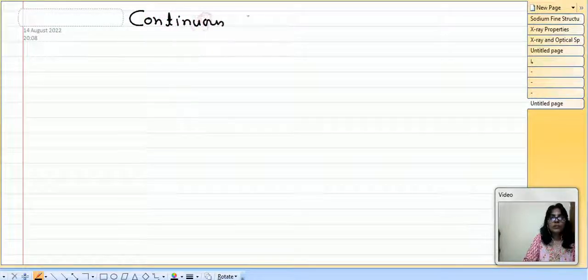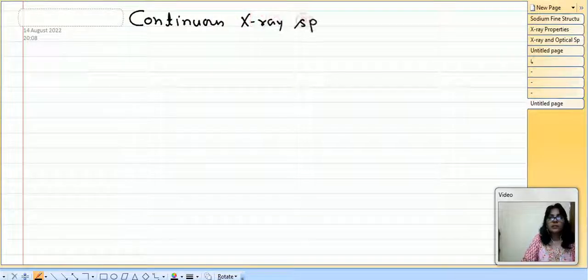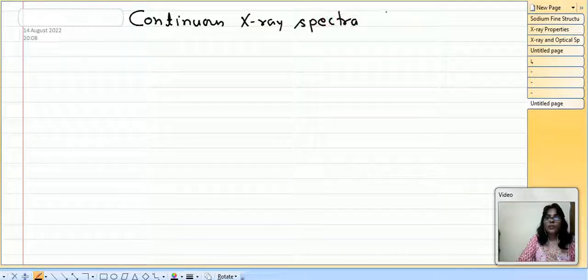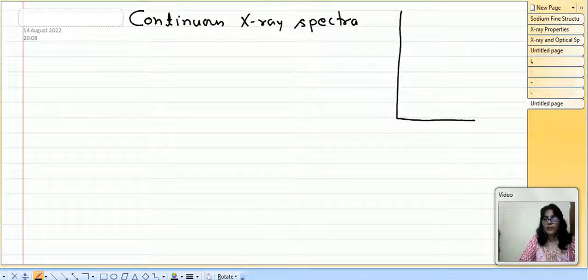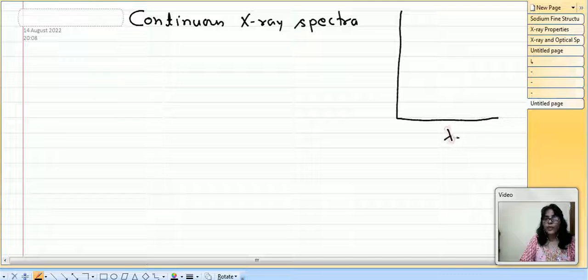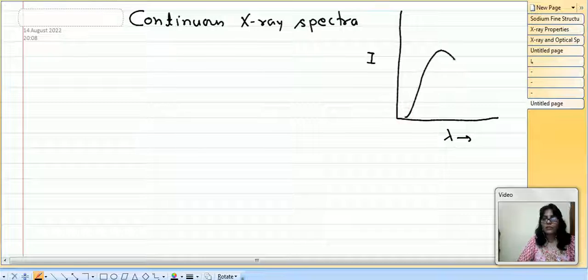So now put the heading continuous X-ray spectrum. And now let us plot a graph of the continuous X-ray spectrum. So here it is lambda and here it is intensity. So the graph is like this.